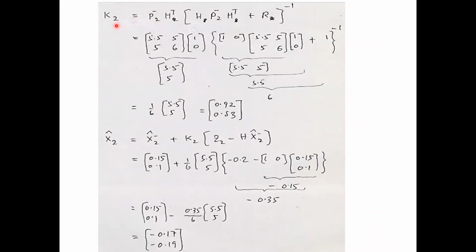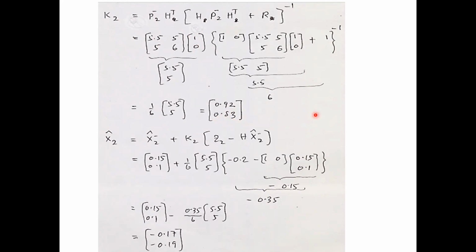Then the Kalman gain at k equals 2. This is the equation for the Kalman gain. P2 minus, we already calculated just a while ago. H is not going to change, it is 1, 0 always, the output matrix. There you have the same P2 minus, and this is R, constant. Now you have gain 0.9 and 0.83.